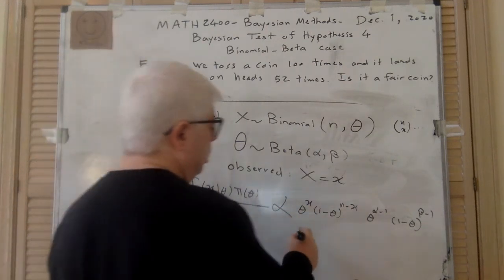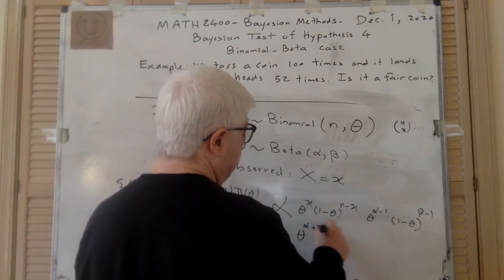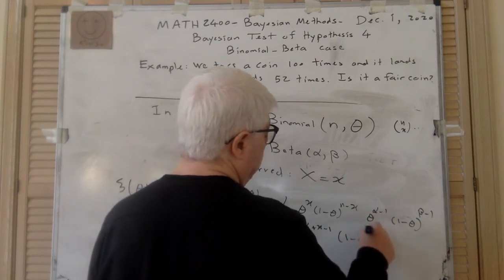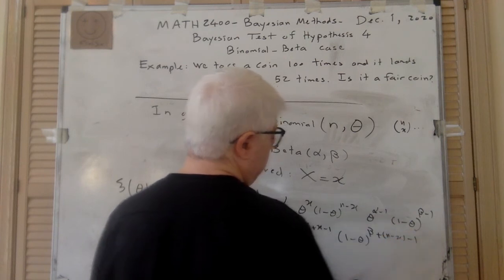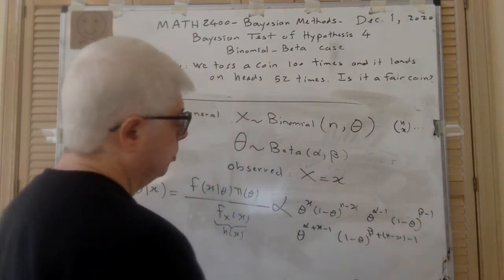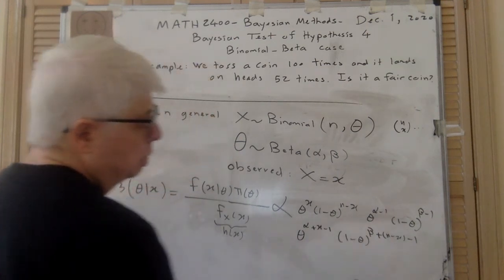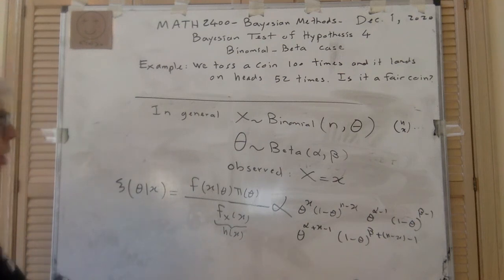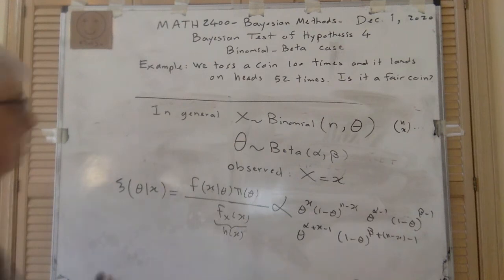So this looks like theta to the alpha plus x minus 1, times 1 minus theta to the beta plus n minus x minus 1. Okay, so this is a part of a beta distribution.